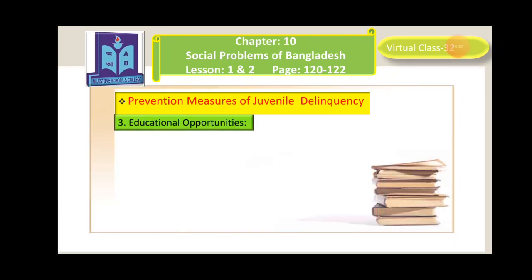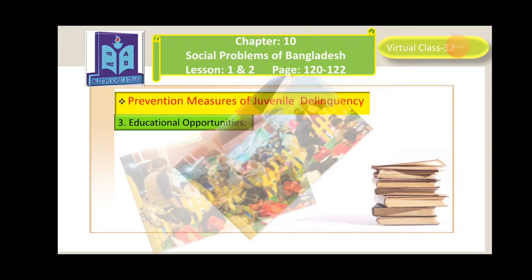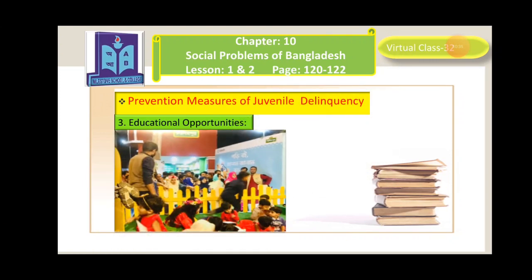So, educational opportunities. We should confirm educational opportunities for juveniles. See here, my son, who has a pencil in his hand, participated in the Sisimpur program, which was arranged at our national book fair, held in which month?